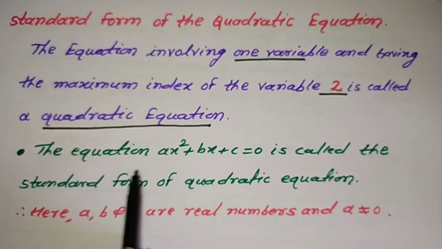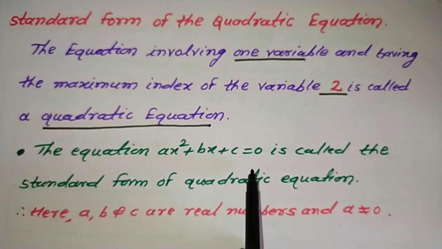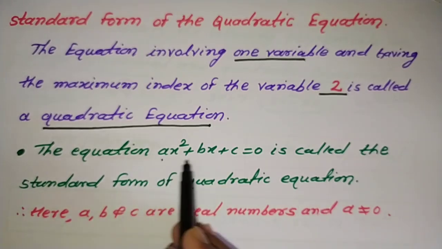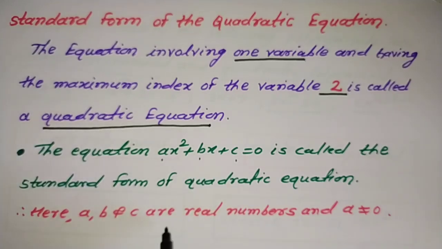The equation ax square plus bx plus c is equal to 0 is called the standard form of quadratic equation. Here a, b and c are real numbers and a is not equal to 0.